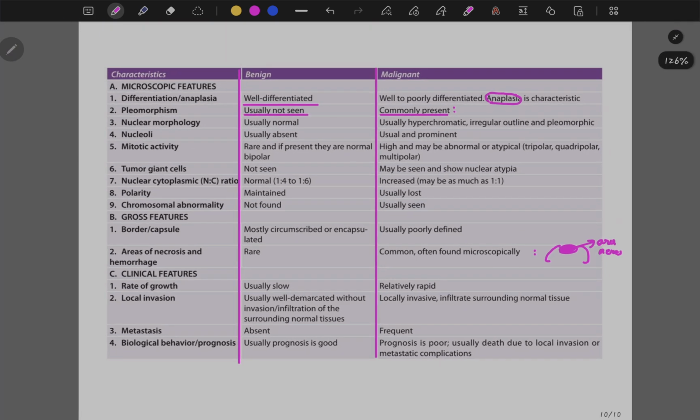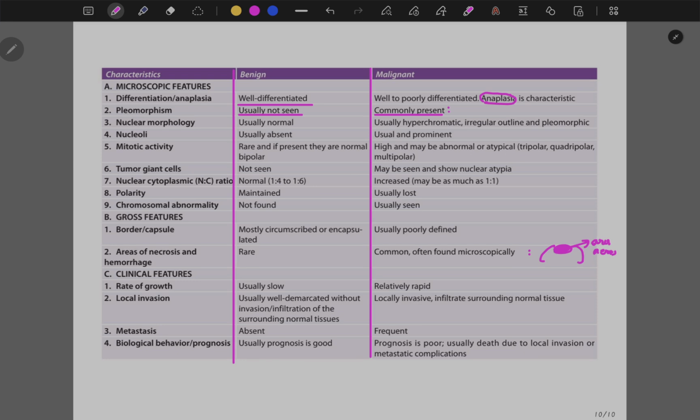And the rate of growth is slow in benign, while it is rapid in malignant, and local invasion is usually not seen in benign, but malignant ones are locally invasive and can infiltrate surrounding normal tissue. Local invasion is absent in benign due to well encapsulation.